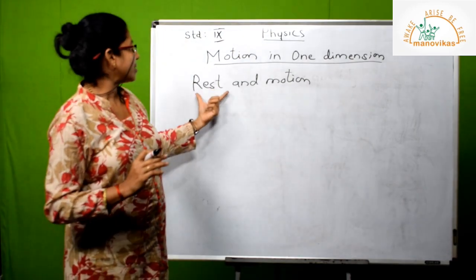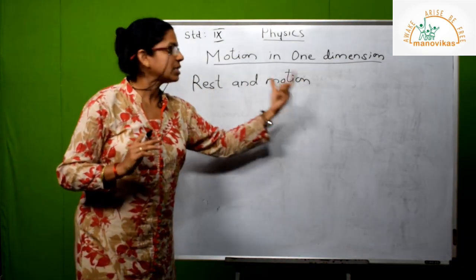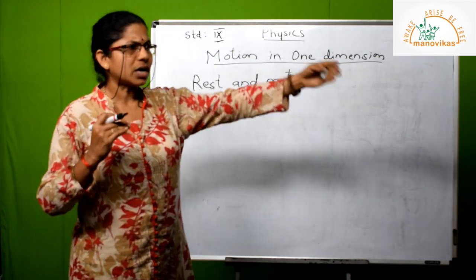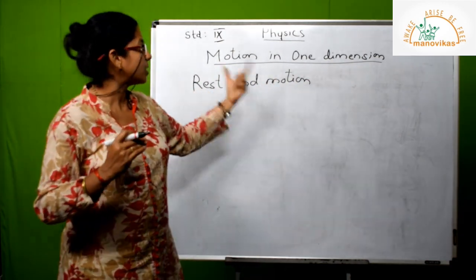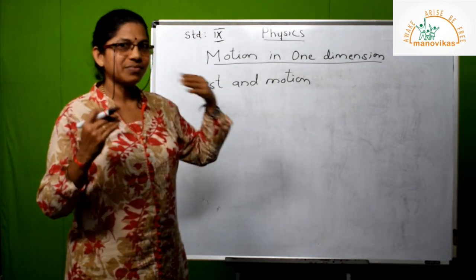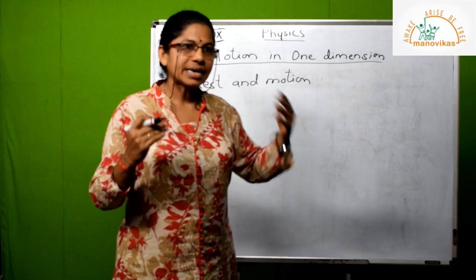So that is the concept of rest and motion with respect to one person. When the other person is moving, we say that the second person is in motion. That is the reason we say it is something which is relative.